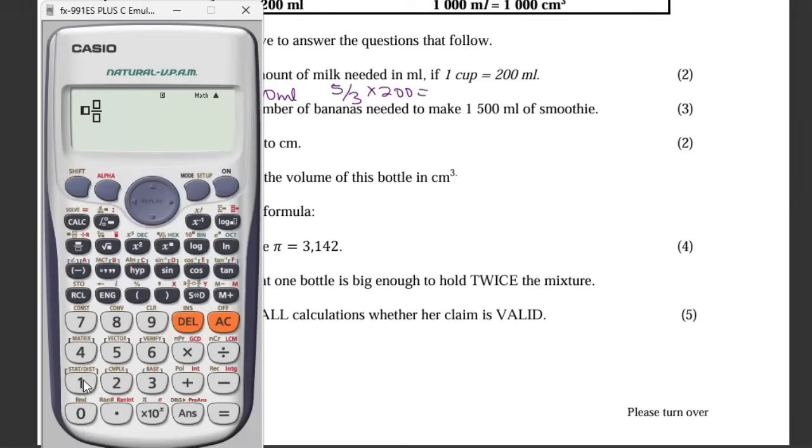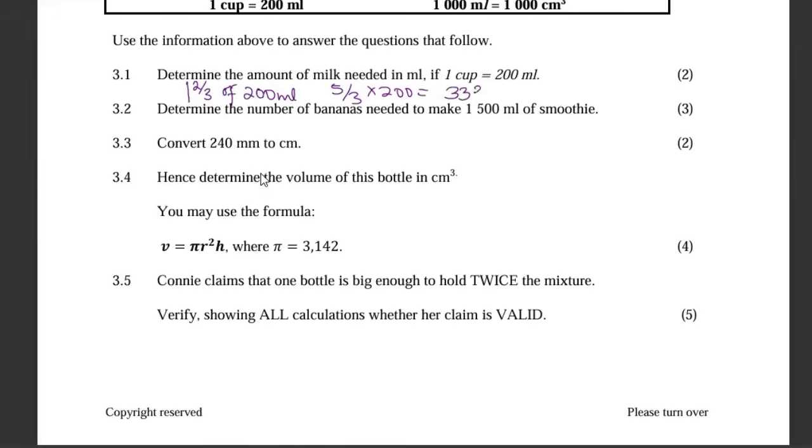So it's 1, 2, 3 times 200. So she will need 300 and this.